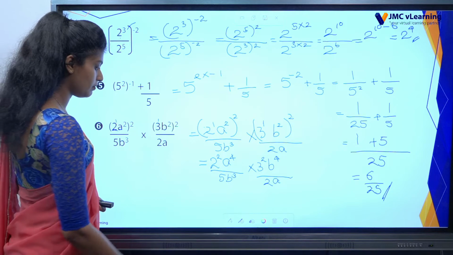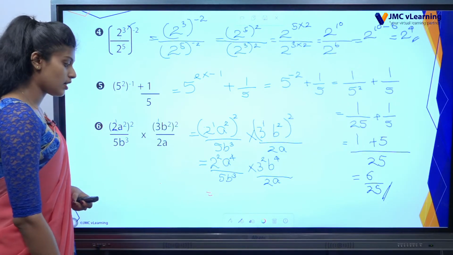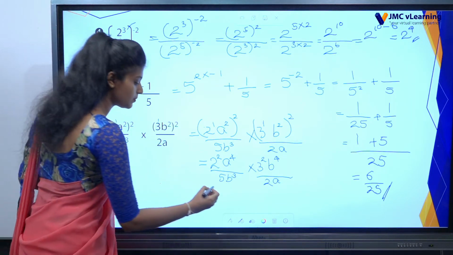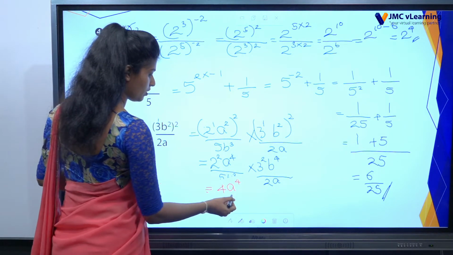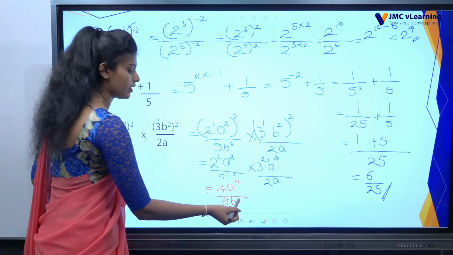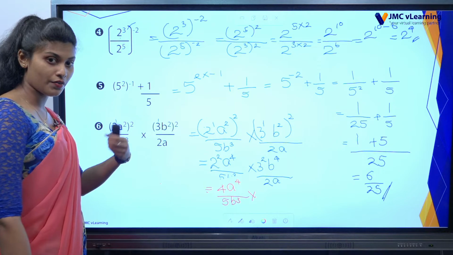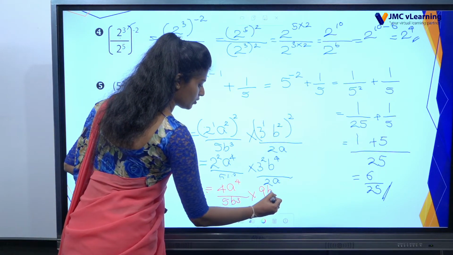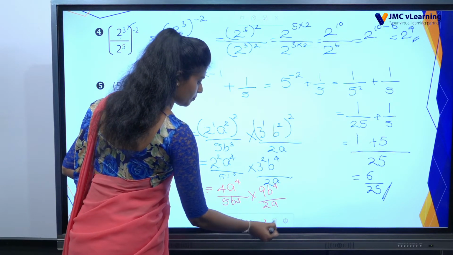Okay, now let's simplify. Here 2 to the power 2. What is the answer? 2 to the power 2 means you multiply 2 two times. The answer is 4. a to the power 4 over 5b to the power 3 into 3 to the power 2, which means you multiply 3 two times, 3 into 3, 9, b to the power 4 over 2a.